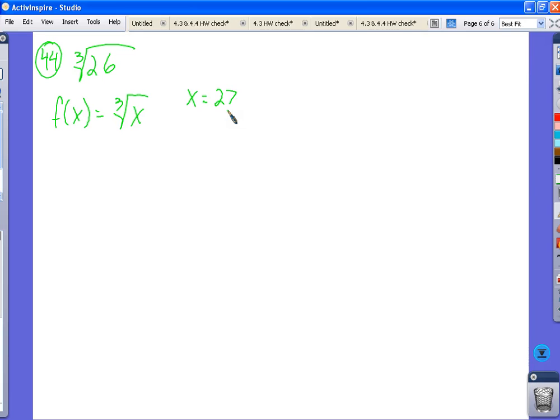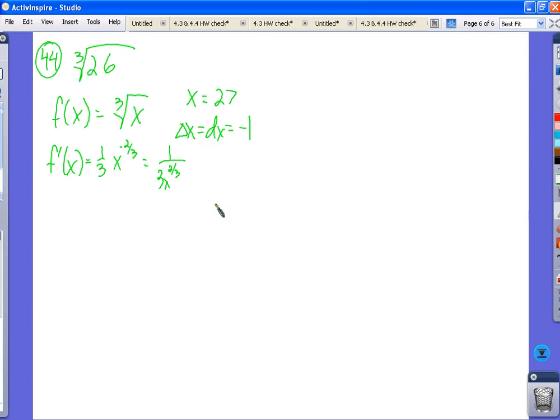Okay. So what's delta x? -1. We're below 27. We are a delta x of -1 from 27. We need to know f prime. Of course, we're in calculus. So we have 1/3 x to the -2/3, or 1 over 3 times x to the 2/3.